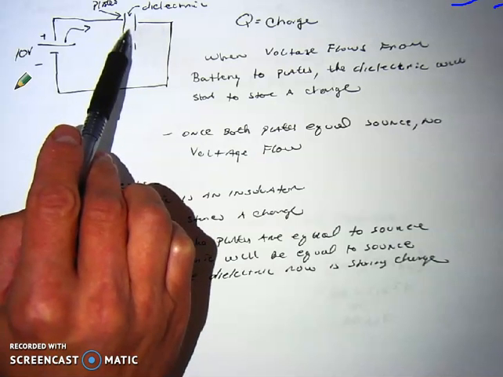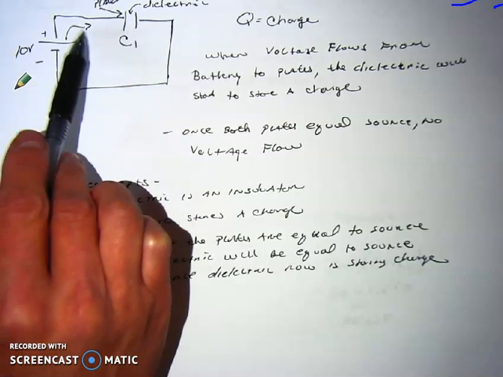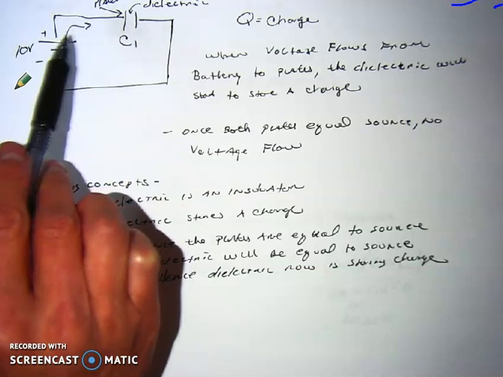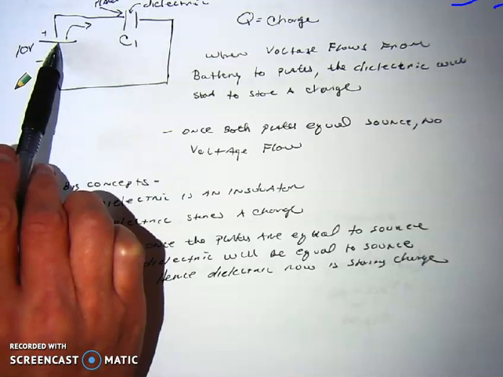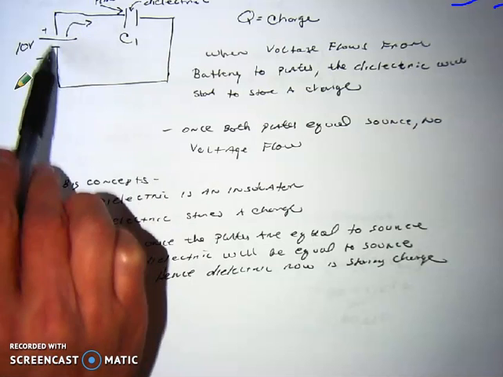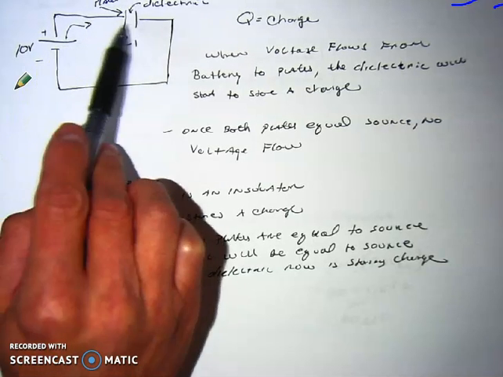When the voltage at these plates equals the source voltage, no other current is going to flow. This capacitor is fully charged. That means the dielectric now has a charge in it. If we disconnect this battery and put a short or a light here, we can discharge the capacitor, and this light will light up because there is a charge on this capacitor.